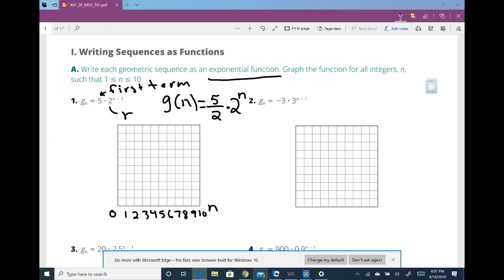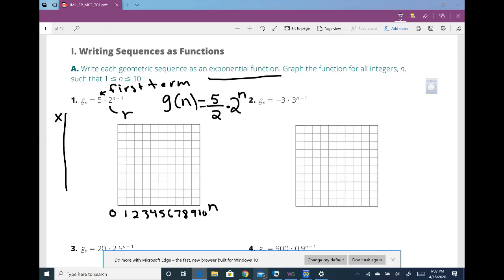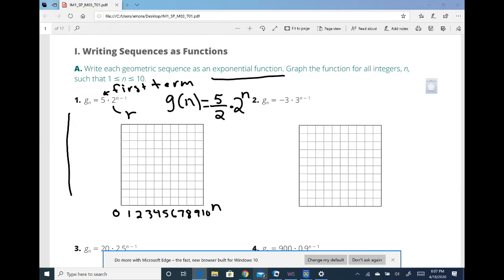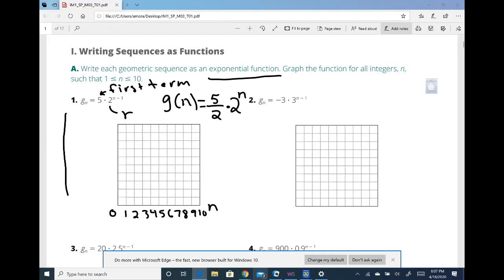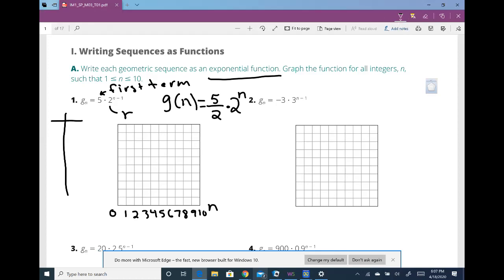And let's go ahead and make a t-chart. Instead of x and y, let's write n and g of n.